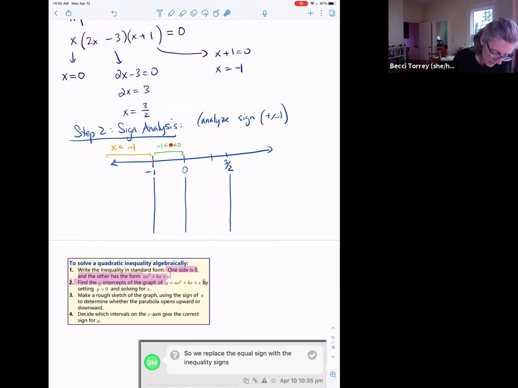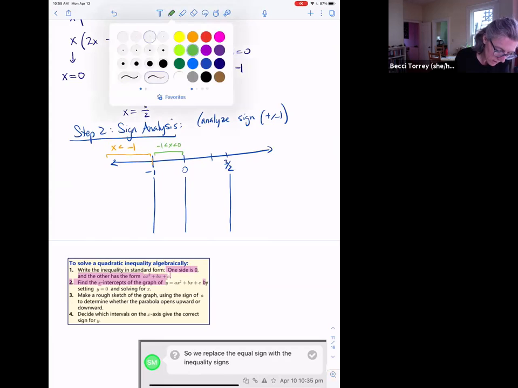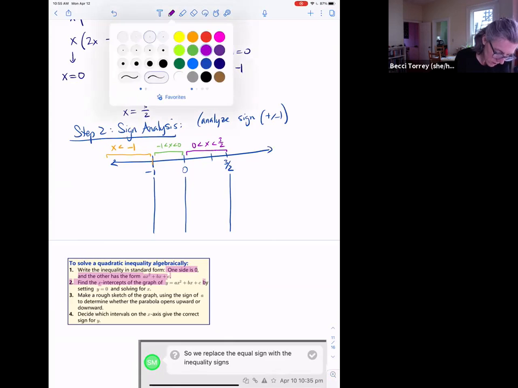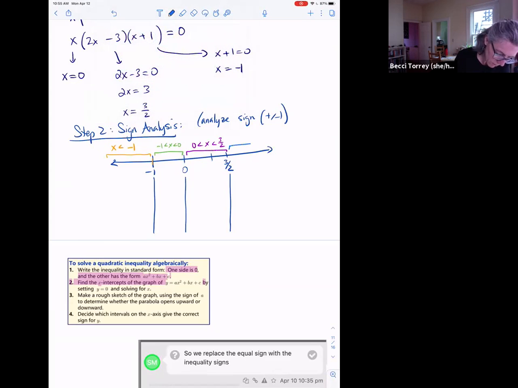So this is x values that are smaller than 0 and bigger than minus 1. And then we have a third region where 0 is less than x is less than 3 halves. And then we have a fourth region where x is bigger than 3 halves.